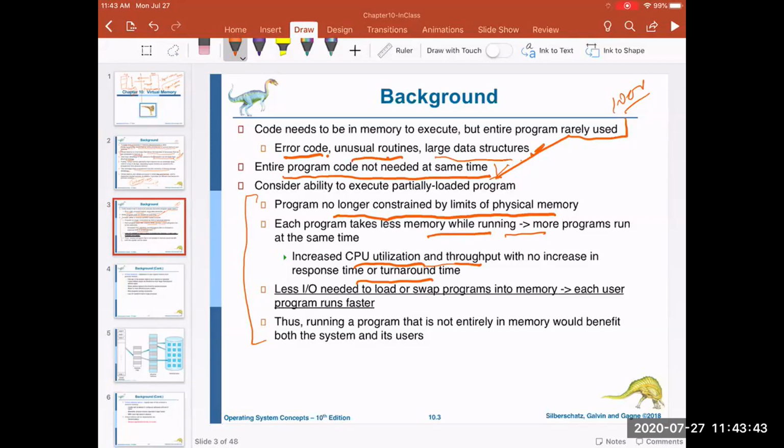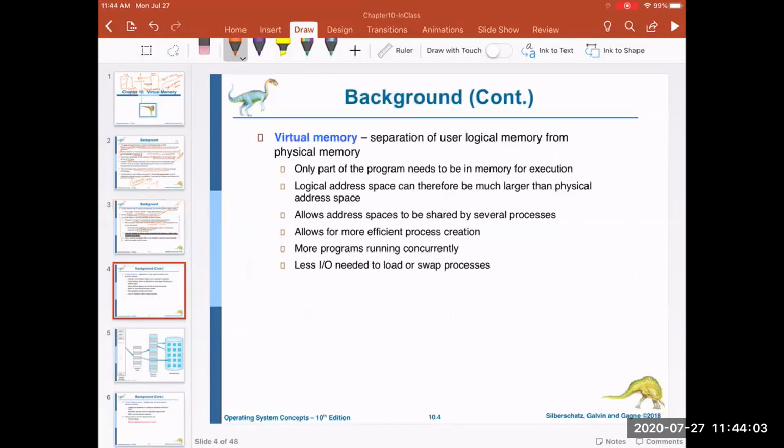It would also increase the throughput. Less IO is needed because we have a smaller size of the program that is to be shifted, and it makes our program independent of the physical memory. So we have the virtual memory concept.